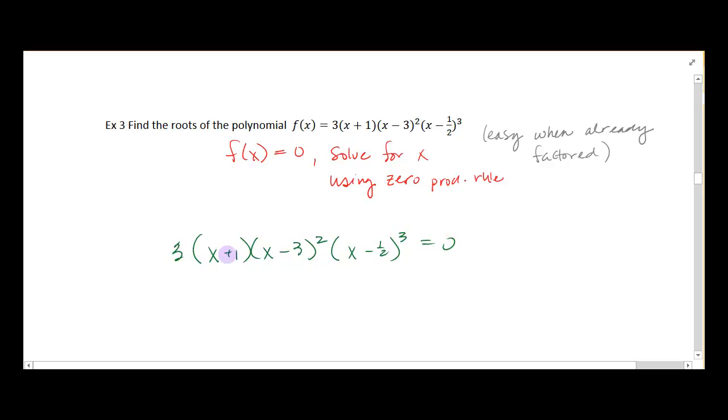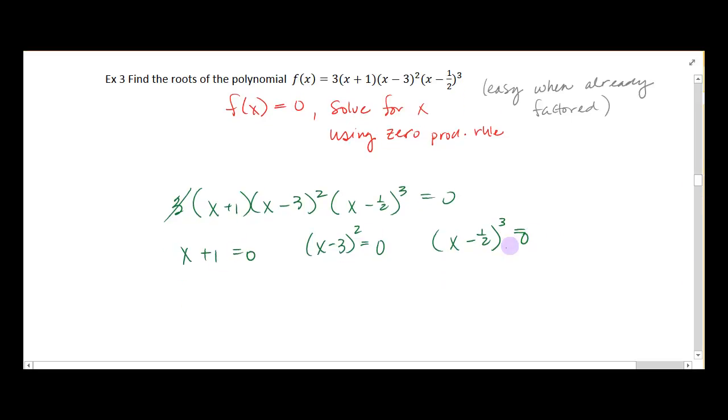Well, if I take each of these factors and set them equal to 0, the 3 is just going to cancel off, leaving me with x plus 1 equals 0, x minus 3 squared equals 0, and x minus 1/2 cubed equals 0. So just looking at each of these 3 simple equations, starting with the one on the left, move 1 to the right hand side, and we find out x is equal to -1.